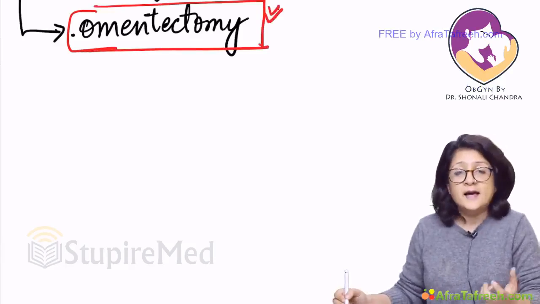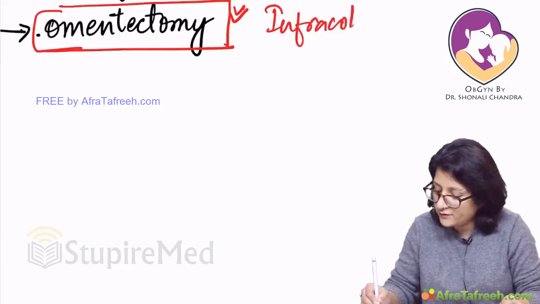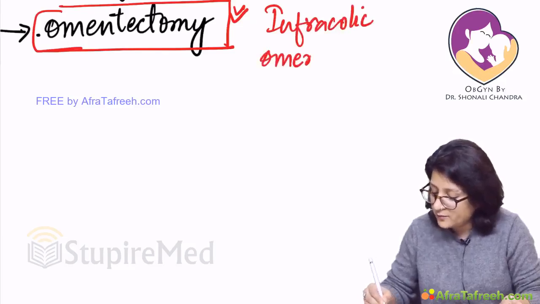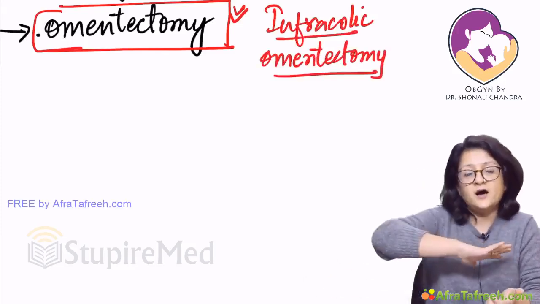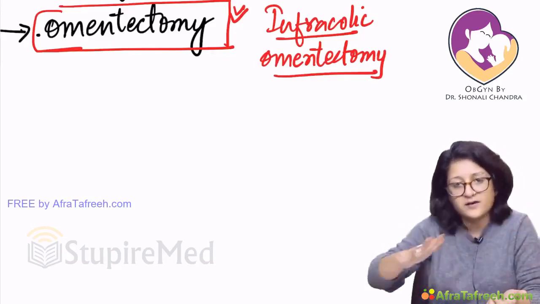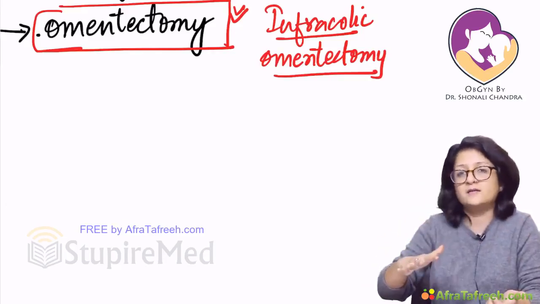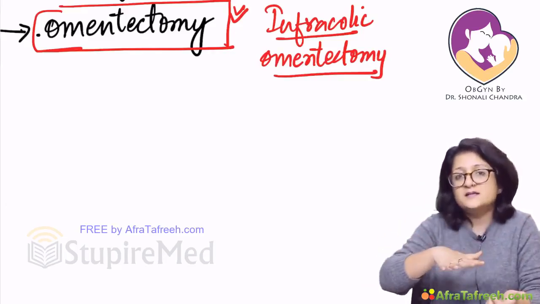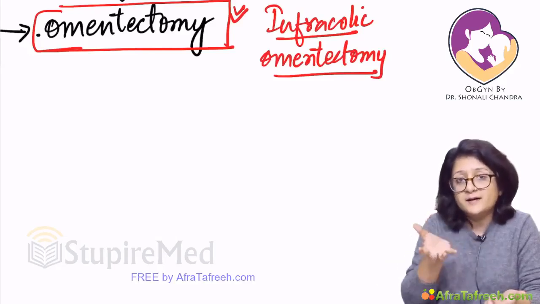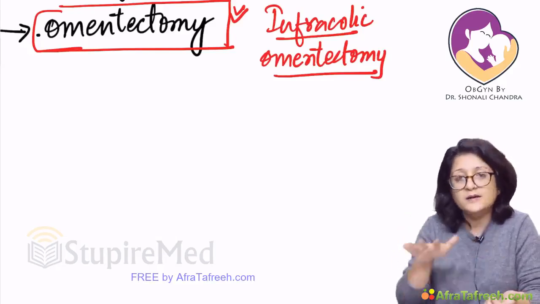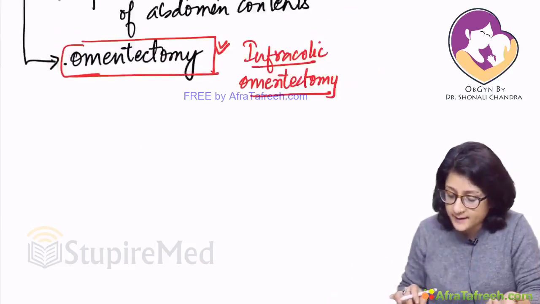Omentectomy is always done, and it means removal of the infracolic omentum. The omentum is like a cover of the abdominal cavity made up of peritoneum, and I told you that cancer of the ovary spreads along the peritoneal surfaces. So this omentum, even though it might appear absolutely normal, needs to be removed completely. This infracolic omentectomy has to be always done.